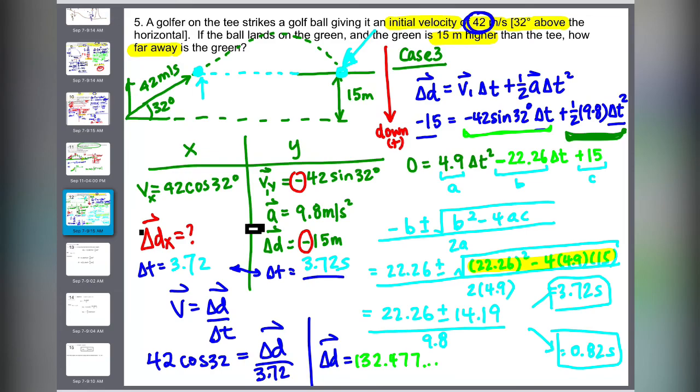I have 42, which has 2 significant digits. So 2 digits. 15 has 2, so I'm going to keep 2. So 132 point something, I need to keep these 2 and round it over here. So the answer that I'm going to write is going to be 130. Everything else is going to be rounded. Don't forget your units. And I'm also going to put the direction, which is forward in this case.